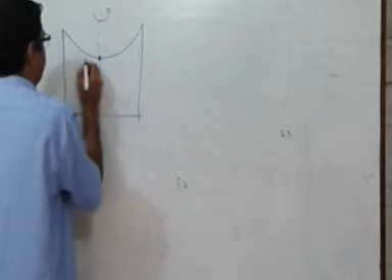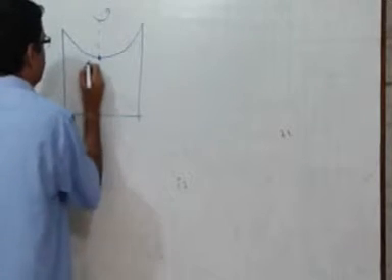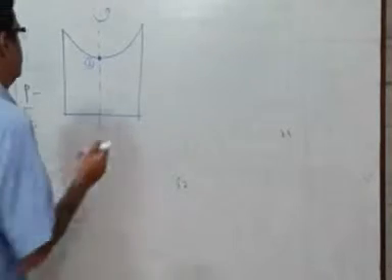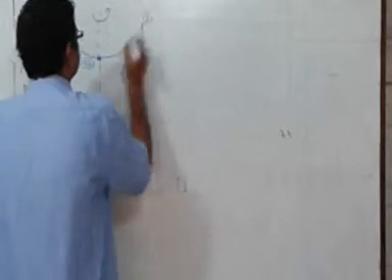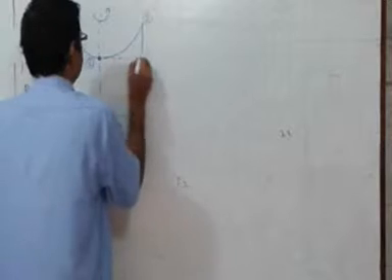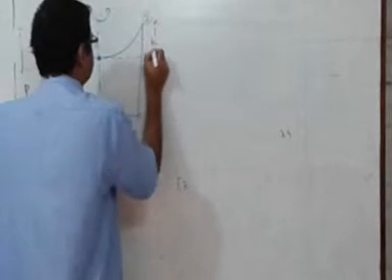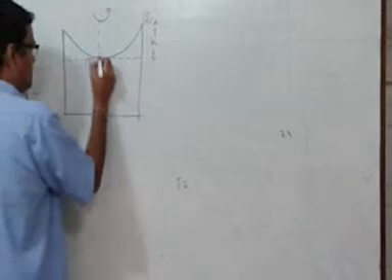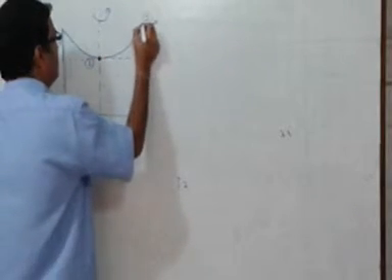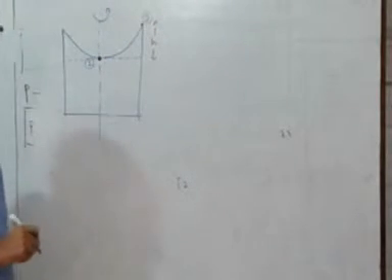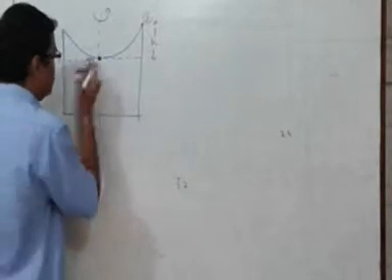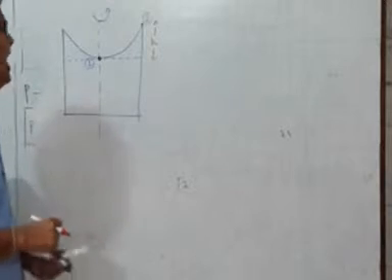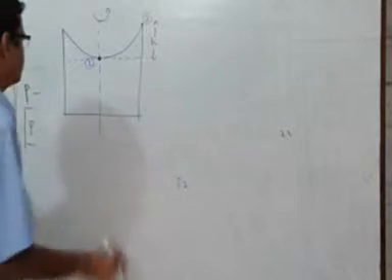Let me take this point as 1 and let me take this point as 2, this is the datum and this is the height h. Please note that point 1 and point 2 are both open to the atmosphere. It is just under the atmosphere. So pressure at P1 and pressure at P2 are both atmospheric pressures.